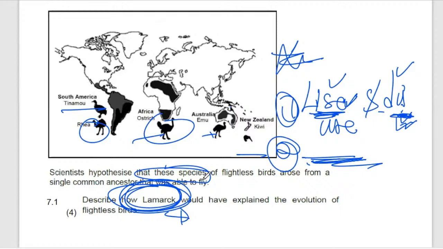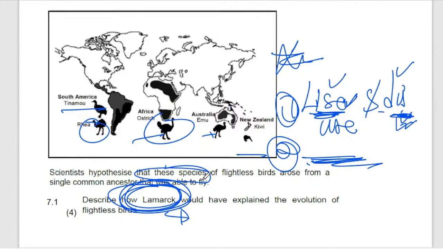There's not enough evidence to support that these flying birds became flightless by not using this character of flying. So they became flightless just like that. There is not enough evidence to show that.